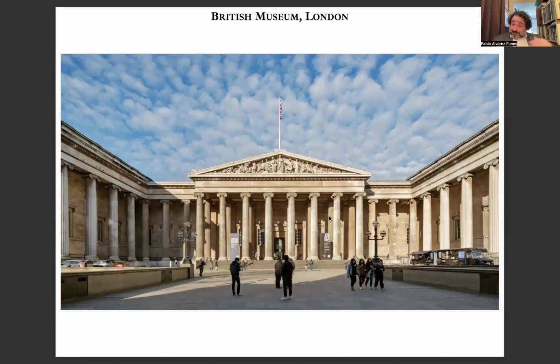And as a series of museums that we're going to see, we cannot stop mentioning the British Museum, which was like the jewel of the crown for British culture and British exploration, and some would say exploitation, but let's leave it there. British exploration, British achievements in cultural terms.